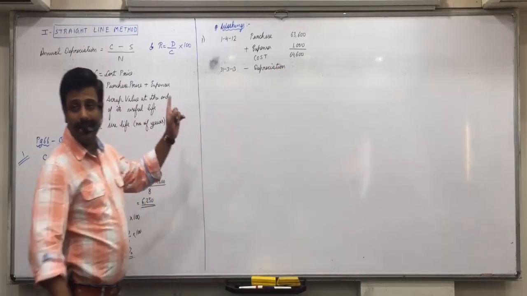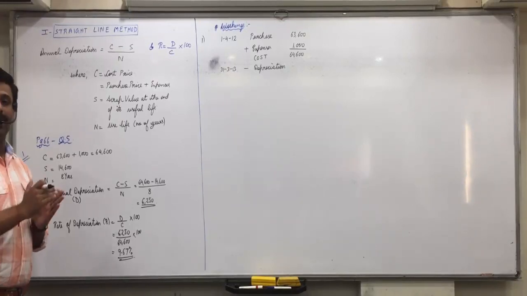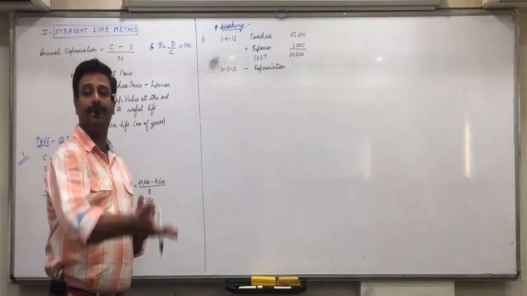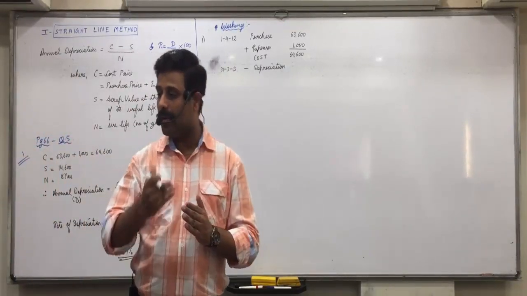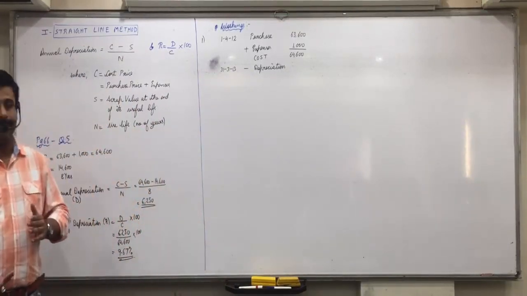Raise your hand who did not understand the year ending 31/3/13. 1/4/12. So it's not January to December. January to December, the year remains same. This accounting is April to March. So 1st April 2012 will end in next year's March. That year will get over in next year's 31st March. That is 31st March 2013.